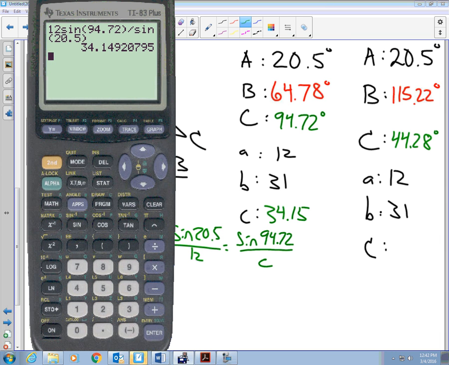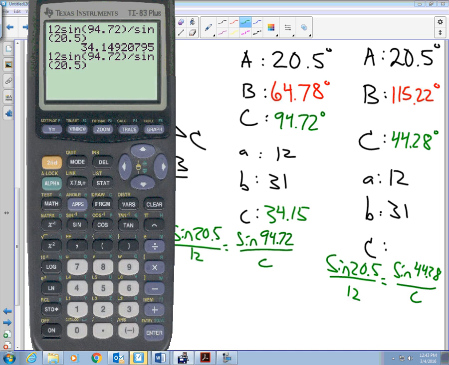And then for this one, sine of 20.5 divided by 12 is equal to the sine of 44.28 divided by C. So again, to save time, I'm just going to hit second entry on my calculator, and I can just go back and change the 94.72 to 44.28.